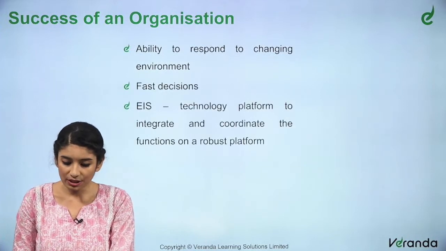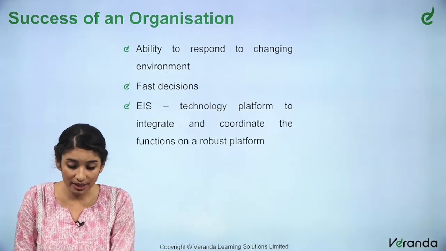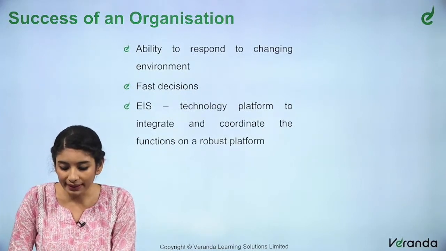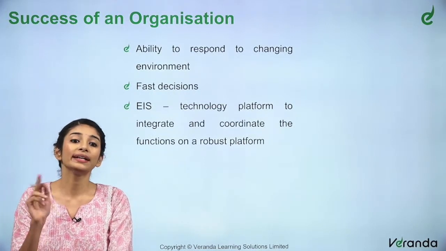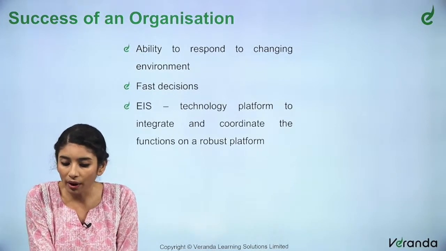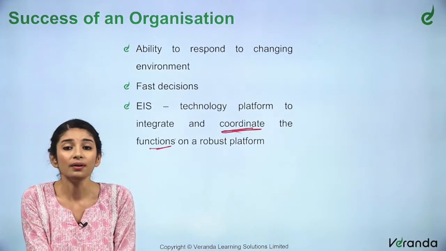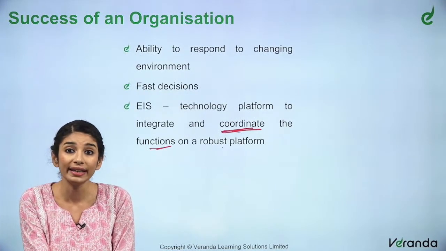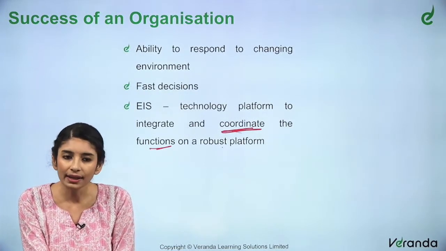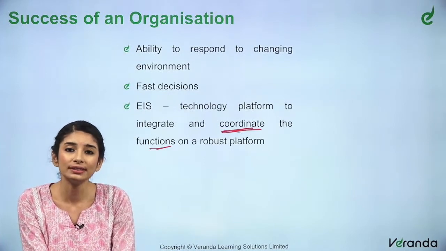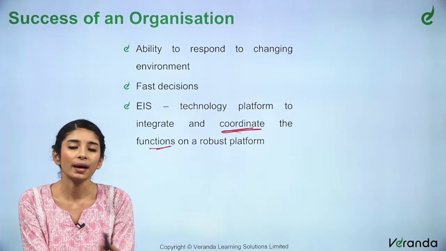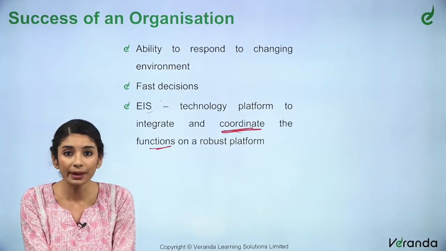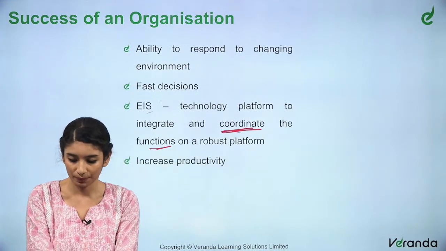Okay. So, fast decisions. What is EIS? What is Enterprise Information Systems? It is the technology platform to integrate and coordinate the functions, which means that all my systems, my processes, my softwares, all of that form a part of enterprise information systems, including the people who work in an organization.